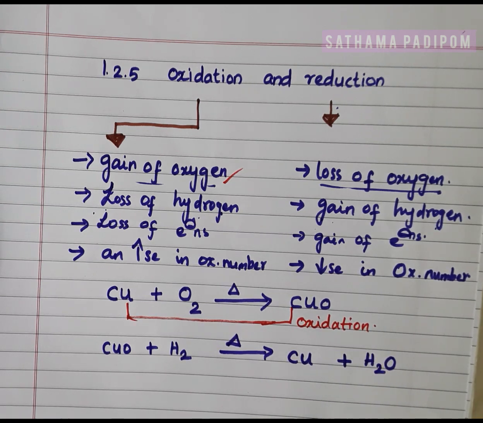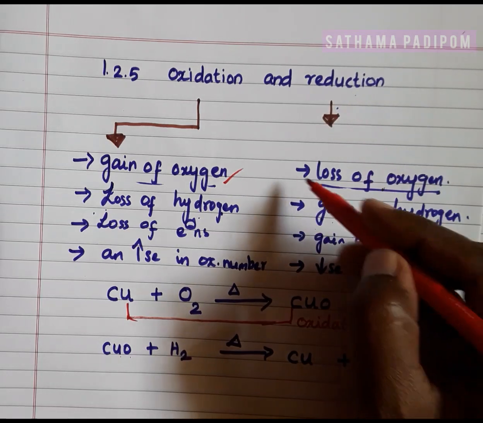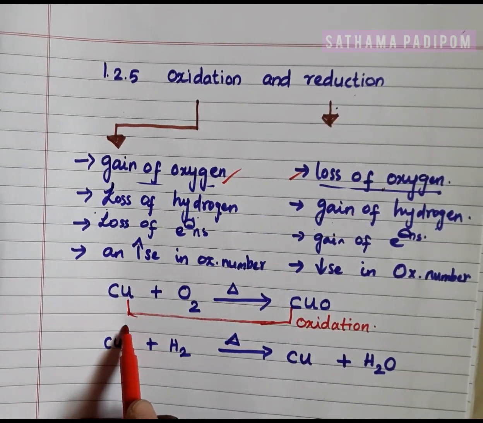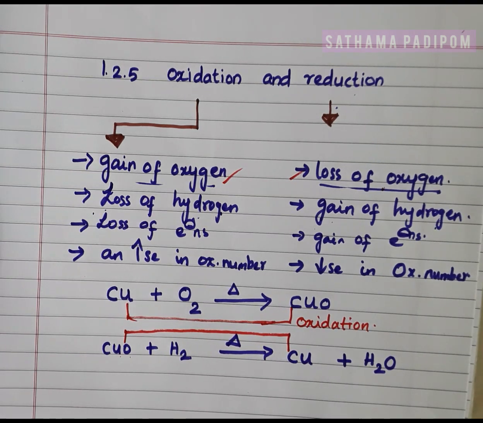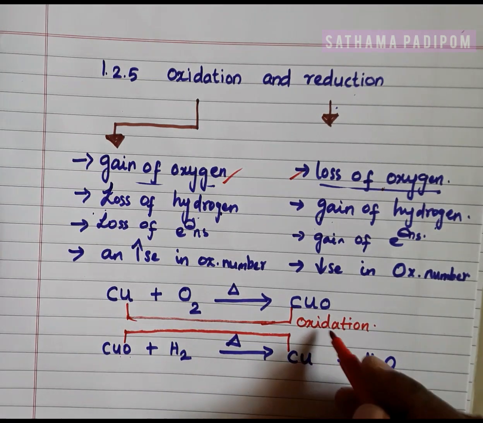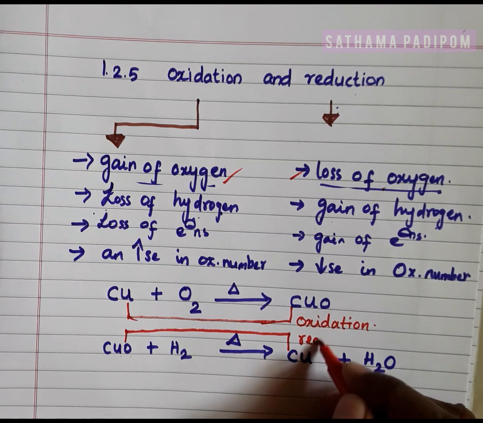Copper oxide loses oxygen and changes to copper. So copper oxide, loss of oxygen, is a reduction. Copper oxide is reduced to copper.